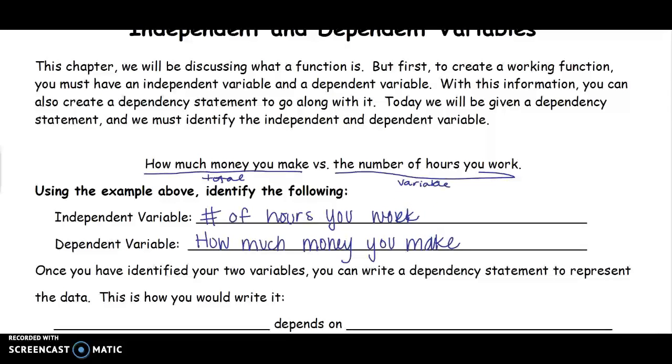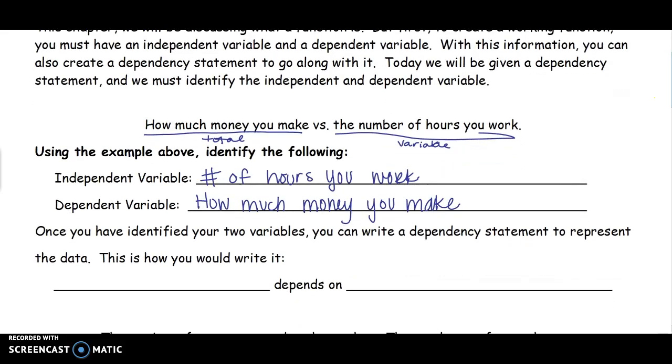Once you have identified your two variables, you can write a dependency statement to represent the data. This is how you would write it. You take one of your two variables and you put it in the first blank. You're saying that's going to depend on the other variable. Well, this is always your dependent, and the second blank is always going to be whatever you wrote in your independent.